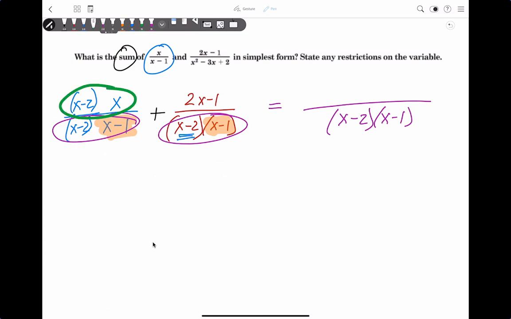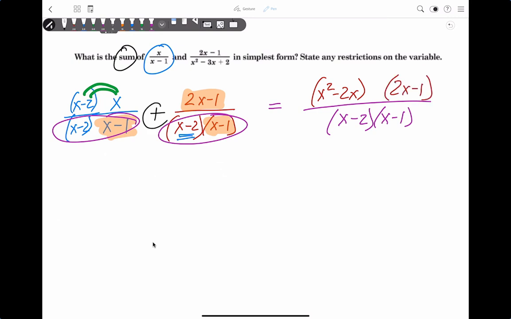So now let's simplify this. So we'll distribute that x across both terms. So we have x squared minus 2x. And then we have the rest of this is going to be added. Now look, this is my first fraction, this is my second fraction, and I'm going to add them together. The reason why I chose that is, again, sometimes this will be subtraction, and this parentheses would then distribute.